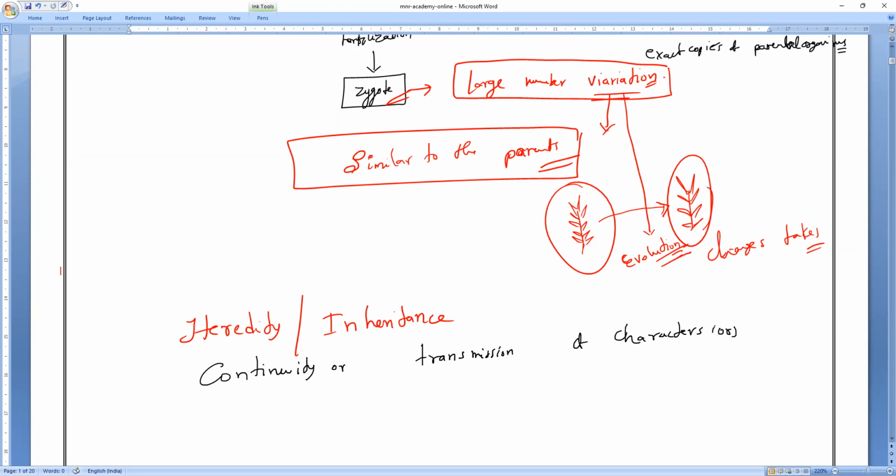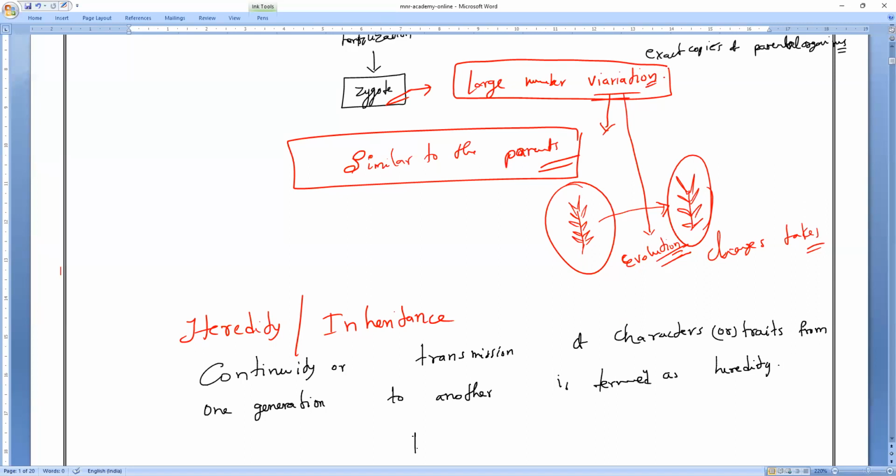Characters we also call traits. Okay? So please remember, traits and characters are both the same. Transmission of characters from one generation to another is termed as heredity.